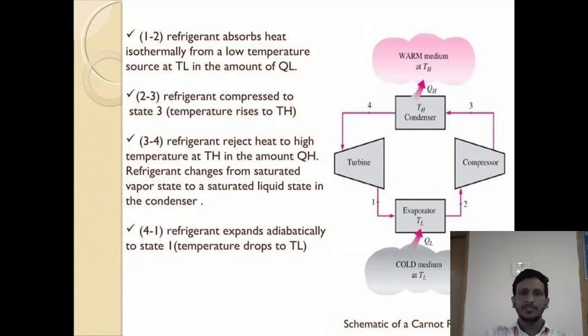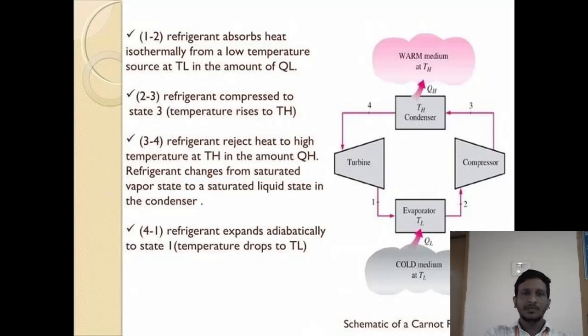In the first process, 1 to 2, the refrigerant absorbs heat from the low temperature source in an isothermal process at constant temperature, so some amount of heat is absorbed by the refrigerant. Process 2 to 3 occurs at the compressor side. Here the temperature also increases from T2 to T3.